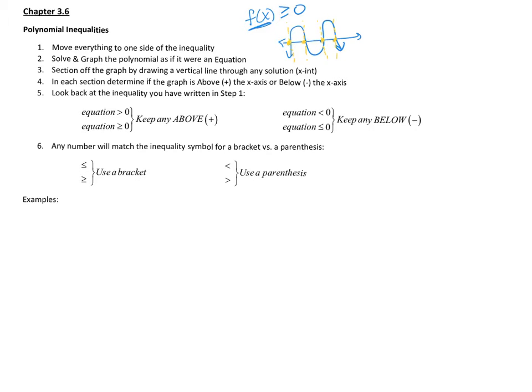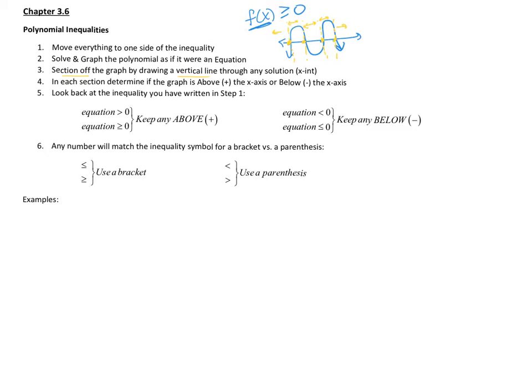Now I can see that there's one part here, another part here, another part here, another part here, and then one part there. So if I'm looking at this graph specifically, I would see that there are 1, 2, 3, 4, 5 parts to this graph.